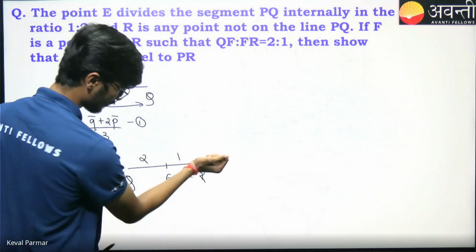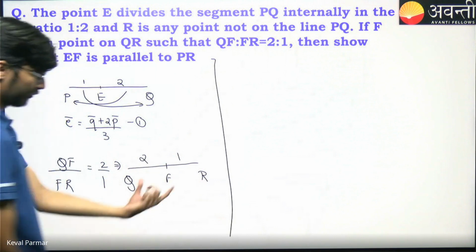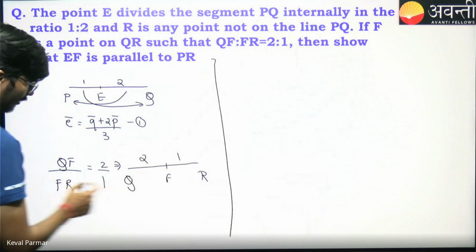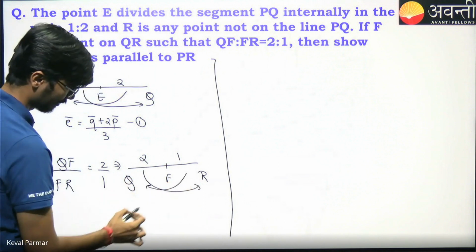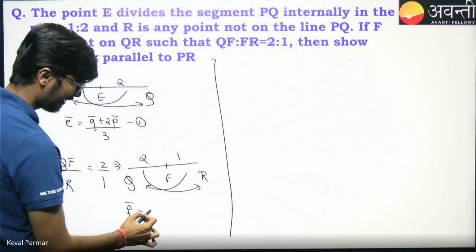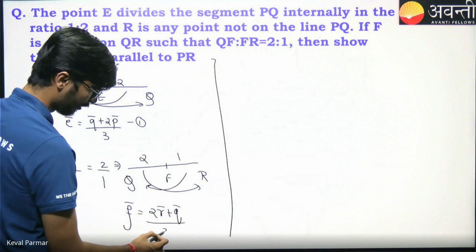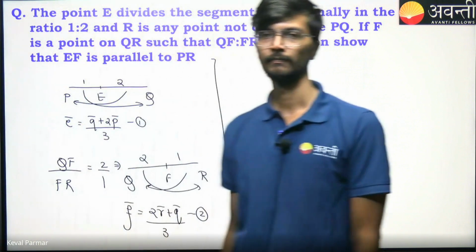I hope you got this. Because then QF upon FR will be 2 upon 1. So here I can get another result of the section formula, that is F bar equals 2R bar plus Q bar upon 3. Let's mark it as equation number 2.